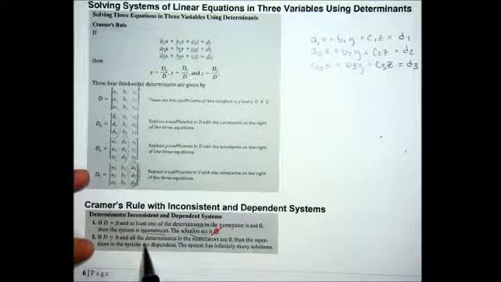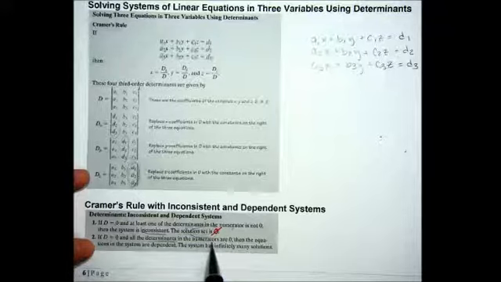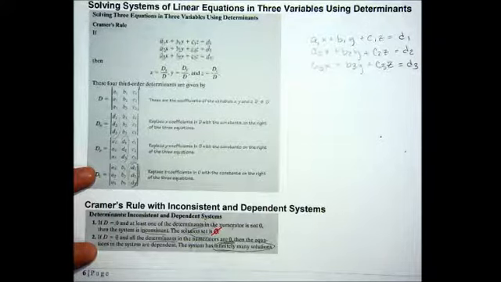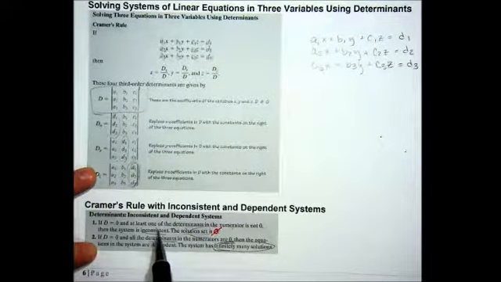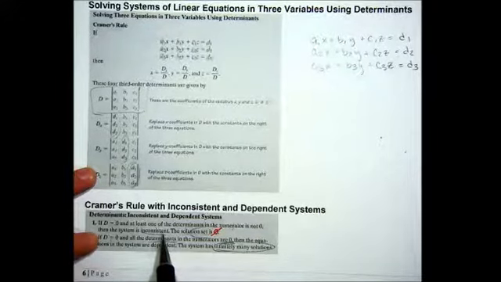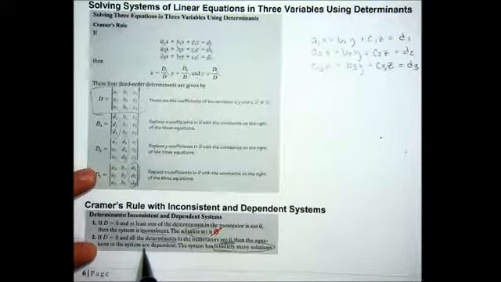If your D equals 0 and all of the determinants in the numerators are 0, then the system of equations is dependent. It has infinitely many solutions. So again, if capital D is 0, and at least one of the determinants in the numerator is not 0, then there are no solutions.